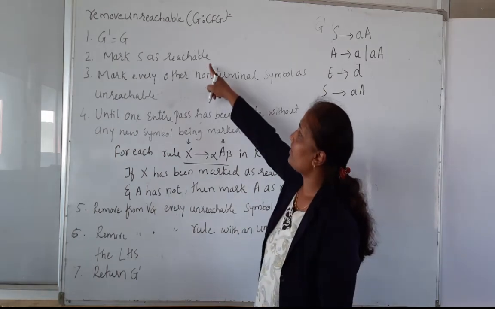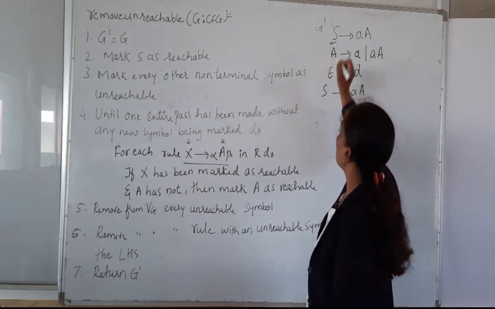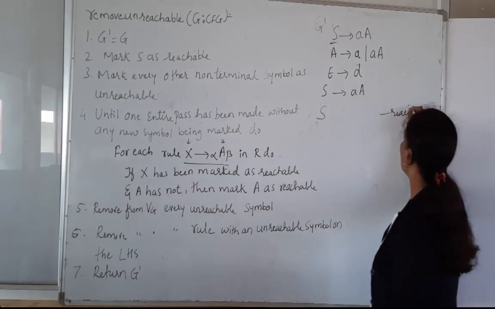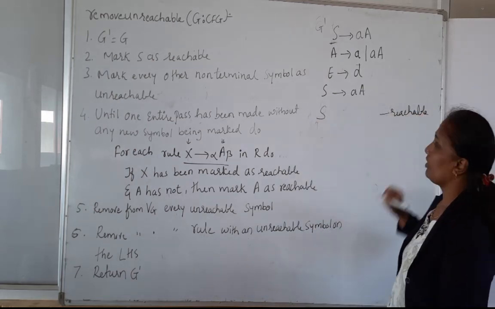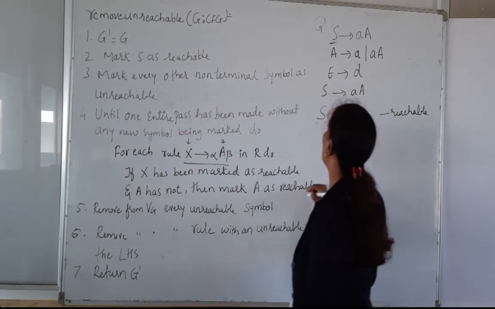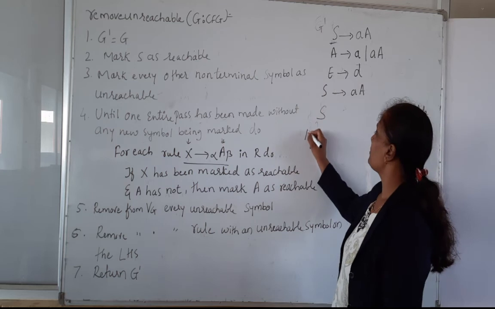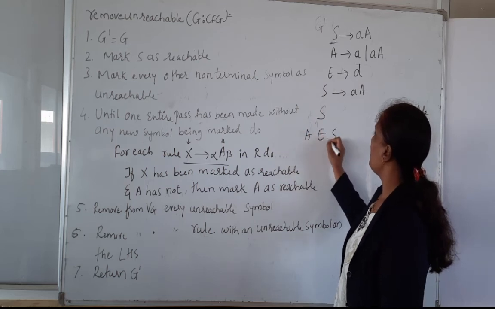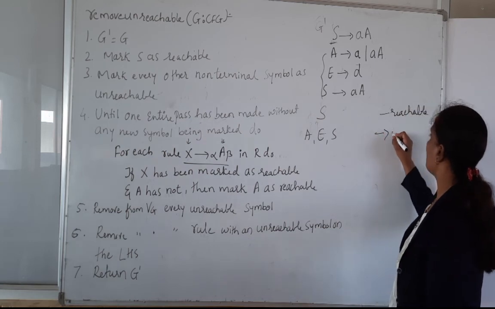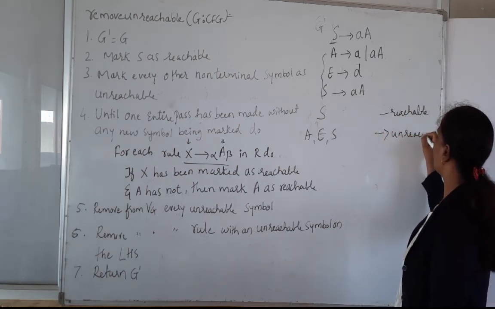Then I will mark S as reachable, because it is the start symbol. Next, mark every other non-terminal symbol as unreachable. So what are the left out symbols in the grammar? A, E and D. These symbols I will mark as unreachable symbols.